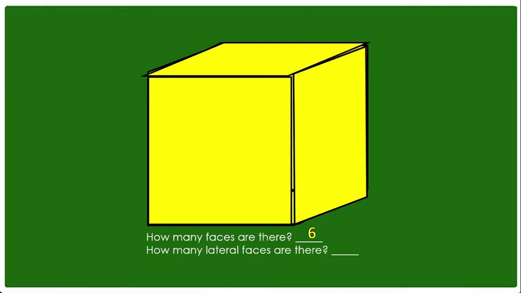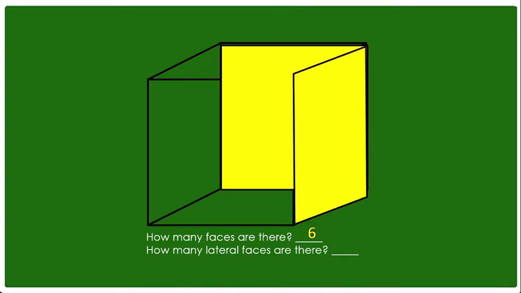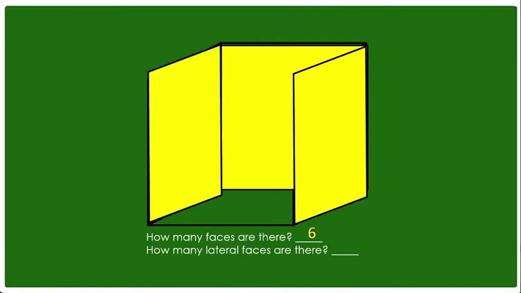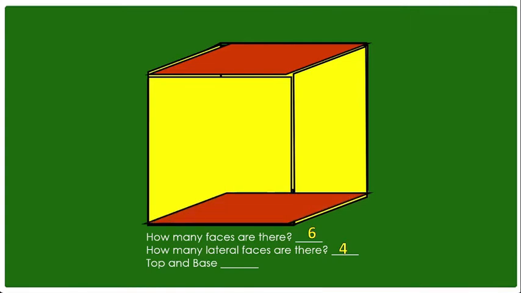When we say lateral faces, these are all sides of a solid figure, excluding the top and the base. Let's count the lateral faces of this solid figure. 1, 2, 3, and 4. It has 4 lateral faces. Top and base is 1, 2. So, if we add the number of lateral faces, the top and the base of this solid figure, we get 6 faces in all.